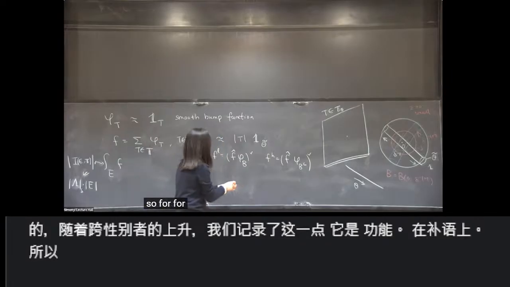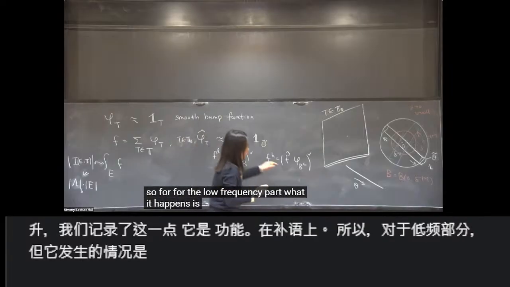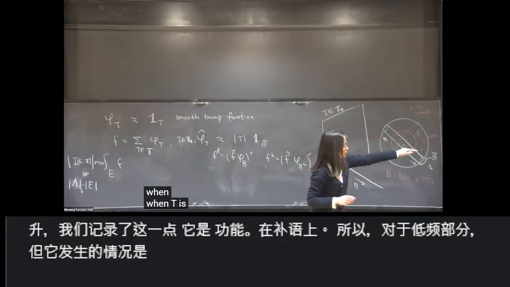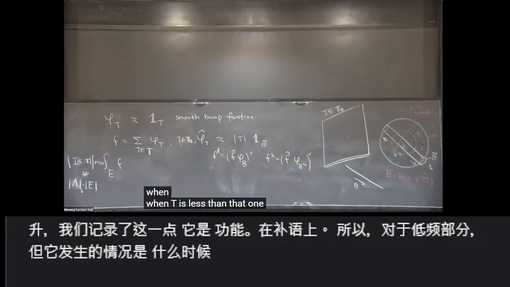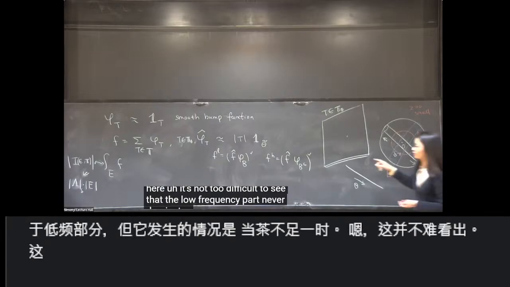So for the low frequency part, when t is less than 1, it's not too difficult to see that the low frequency part never dominates.